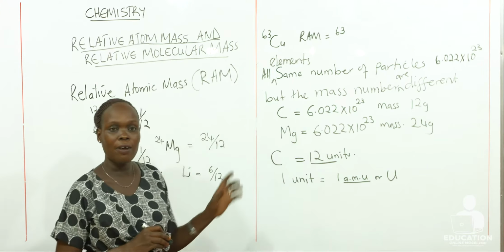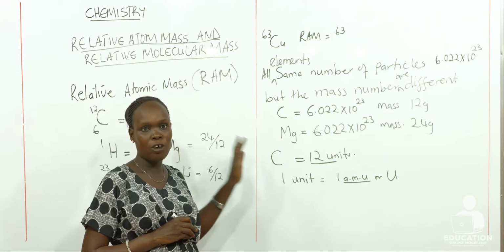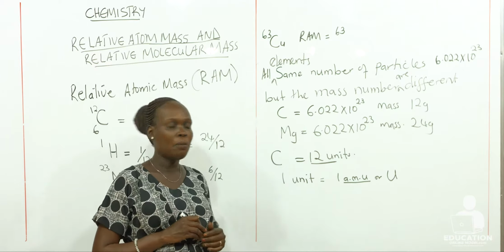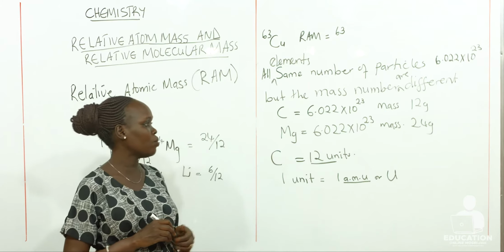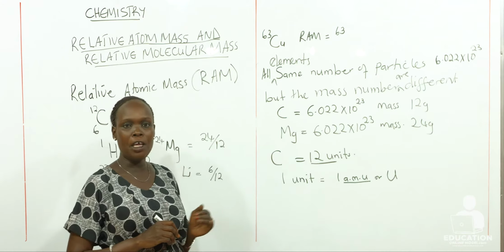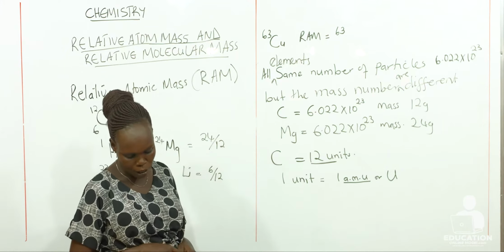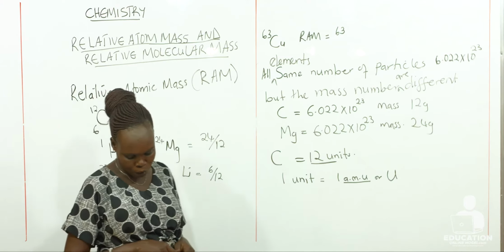So this is referred to as the unit for measurements of the relative atomic mass. So 12 of carbon, we shall say 12 AMU, or we can say 24 AMU, which is referring to the relative atomic mass of each element.